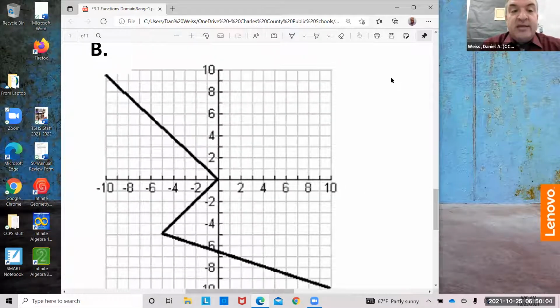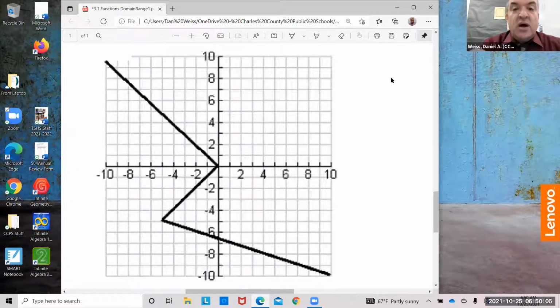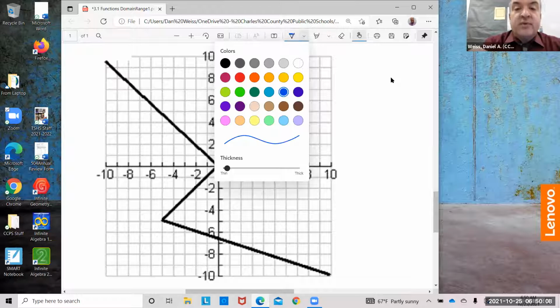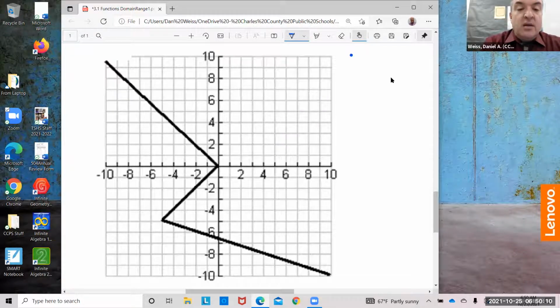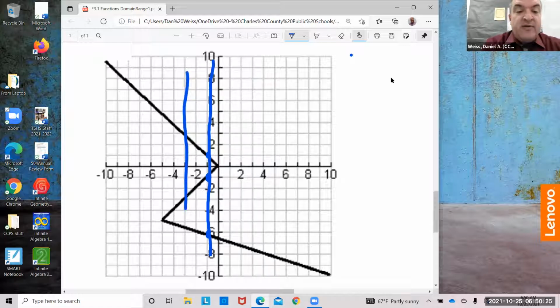This one is not a function. Why? Here's one example. x is -1 here, x is -1 here, x is -1 here. A vertical line passes through more than one point. That is not a function.